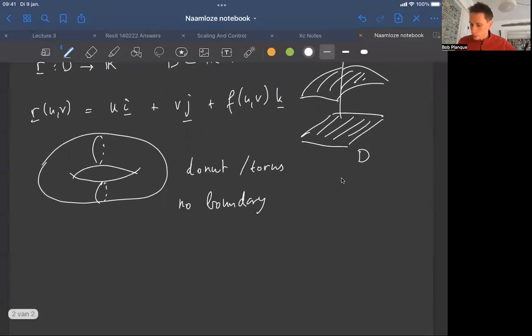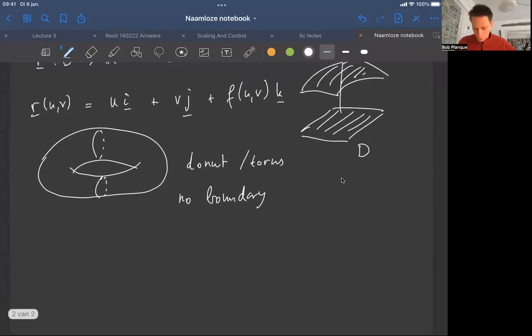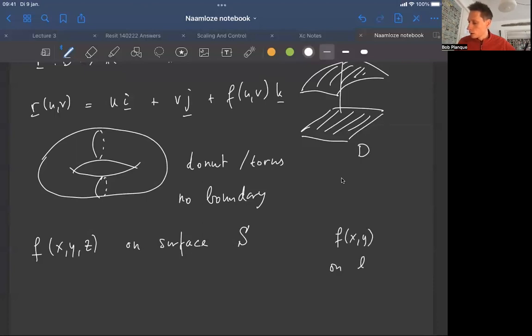What we'll have later is a function f of x, y, and z, which lives on this surface, just as we had functions f of x and y on a line or a curve C in R2 or R3. Just as we wanted to integrate f over this curve, now we would like to integrate f over a surface.